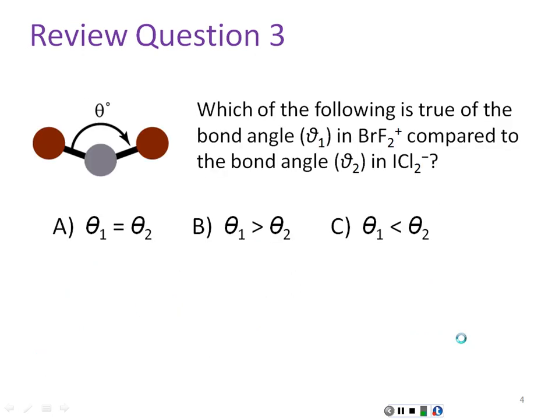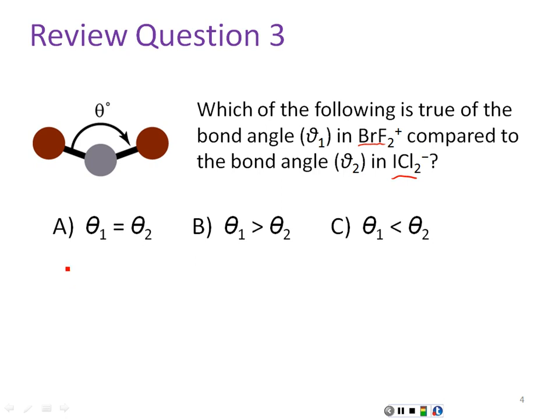Finally, question 3. Which of the following is true of the bond angle, theta 1, in BrF2 plus, compared to the bond angle theta 2 in ICl2 minus? First step, we need to do the Lewis structures. So BrF2 plus.